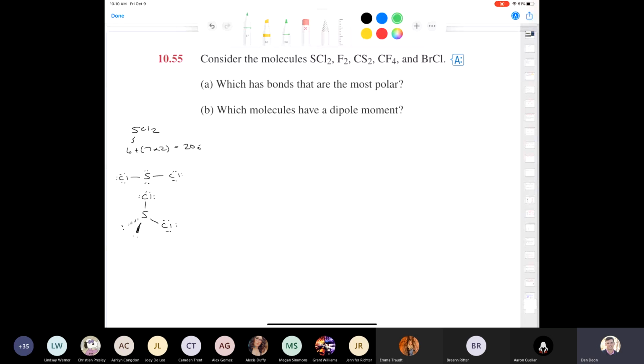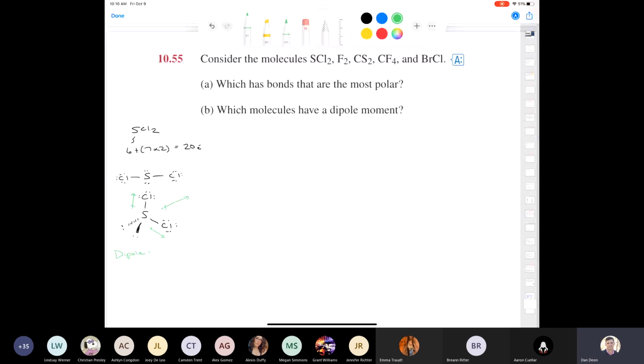I've got a dipole going this way between the sulfur and the chlorine, like that. So overall, there is a net dipole in this molecule because I have 2 polar bonds and they don't cancel. So this definitely does have a dipole. So we'll put here dipole like that.